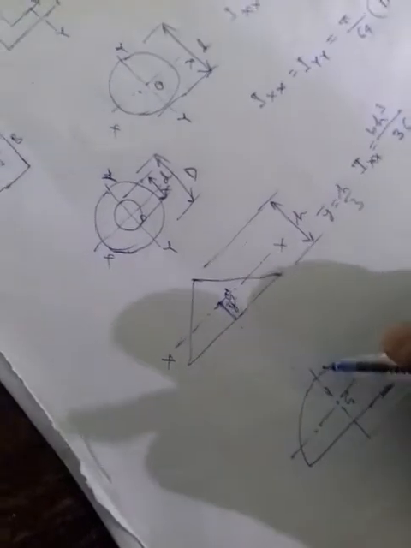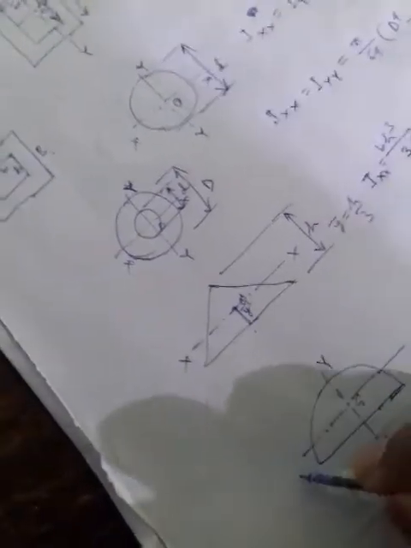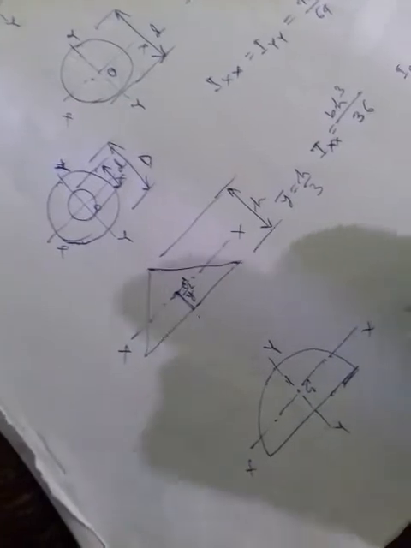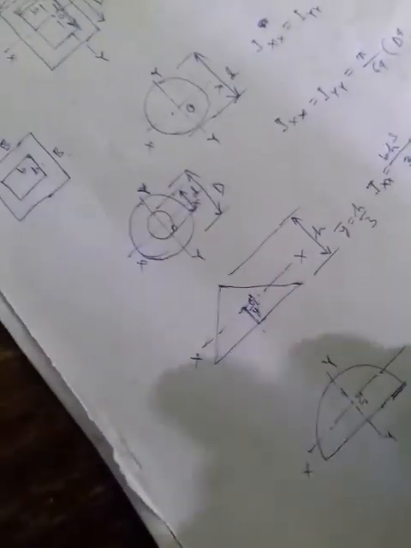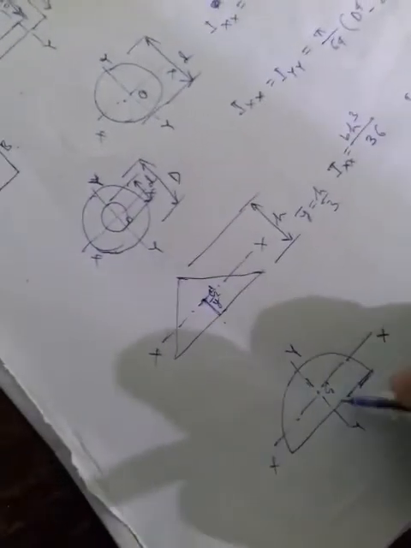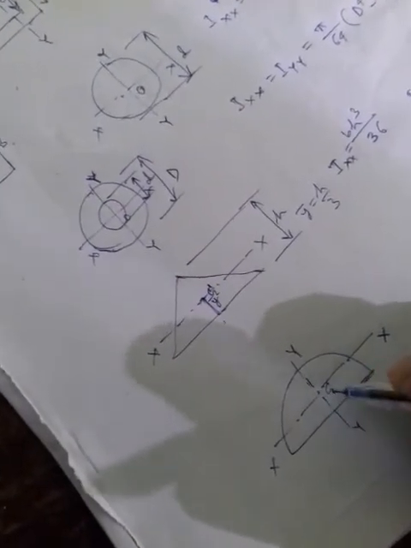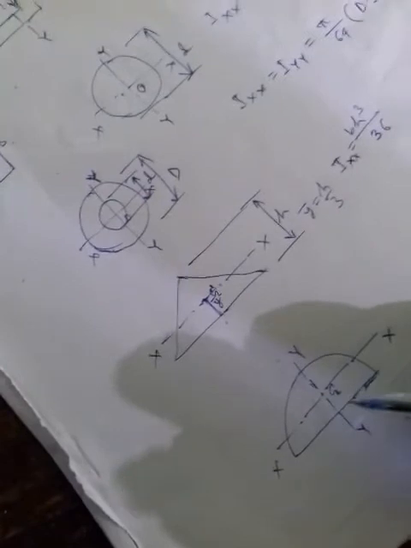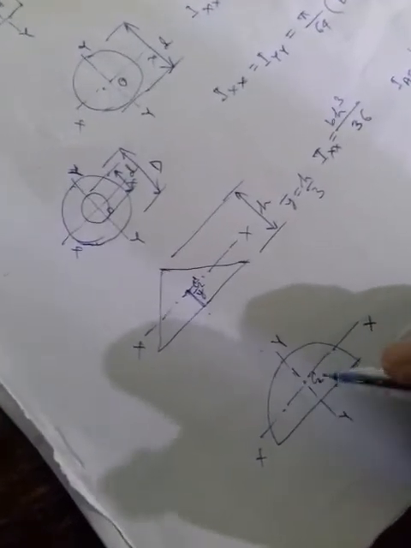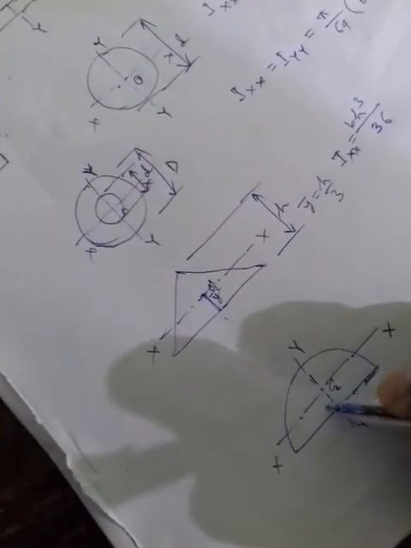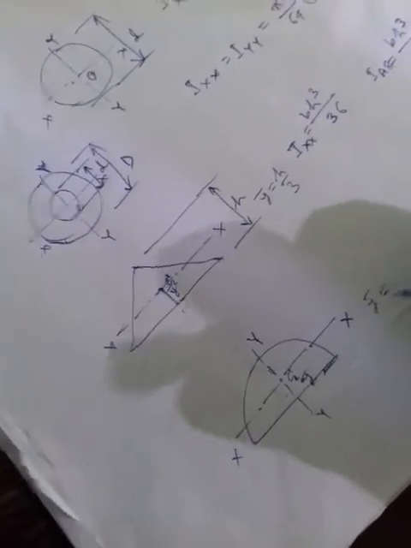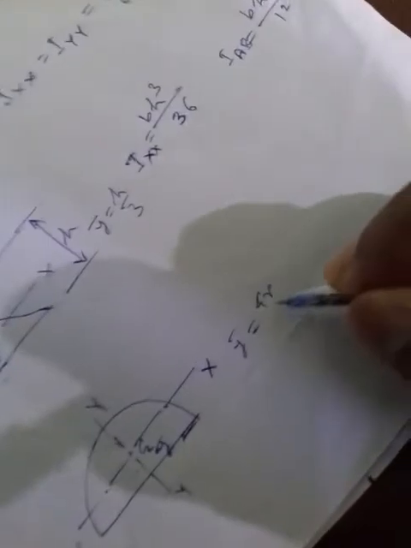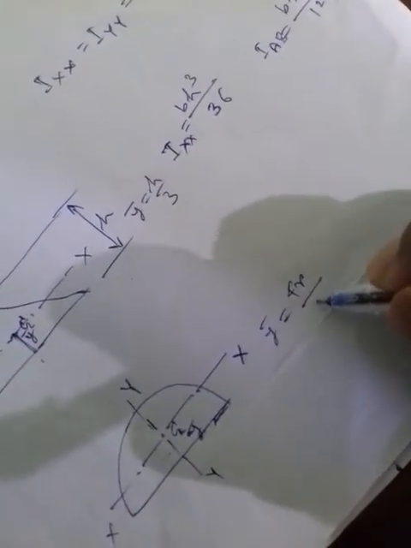This is y, and from the chapter on CG we know that if the distance from the base to the CG point is y bar, then y bar will be equal to 4r by 3 pi.